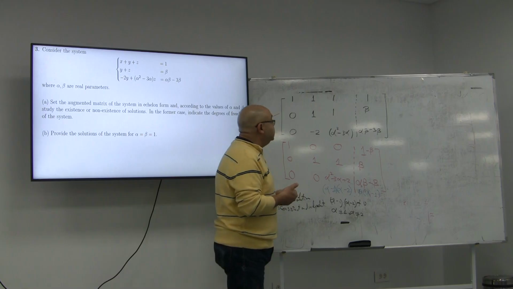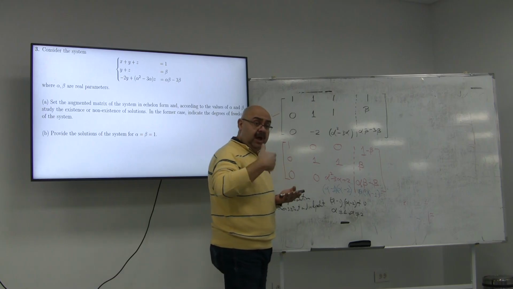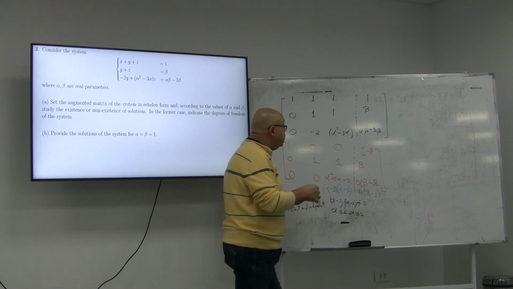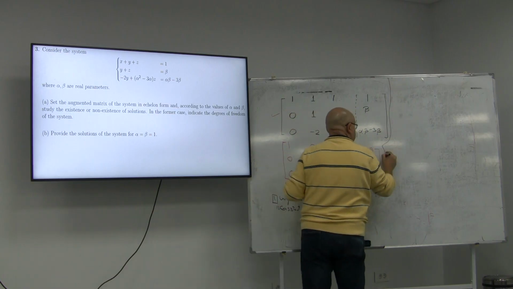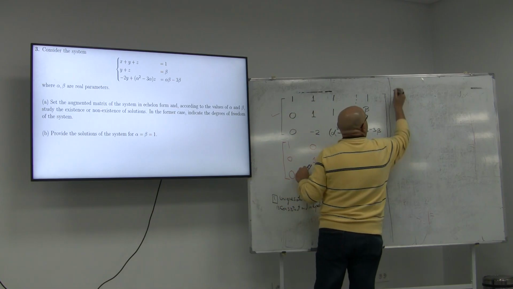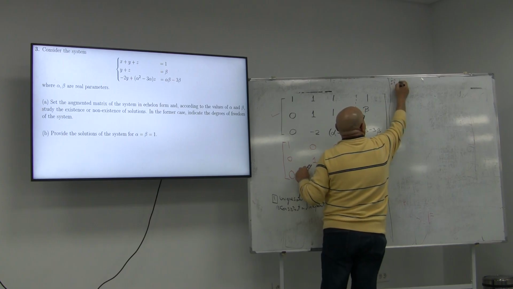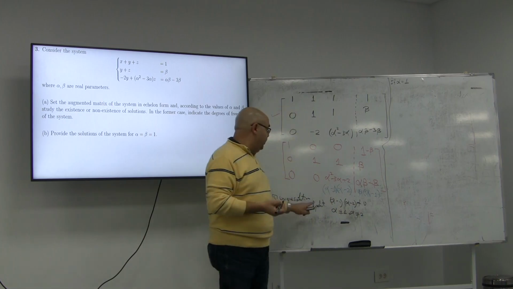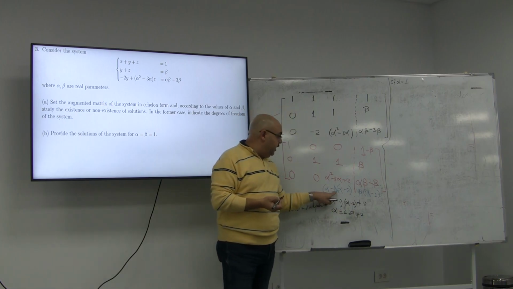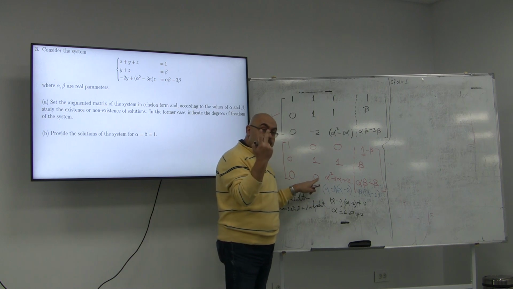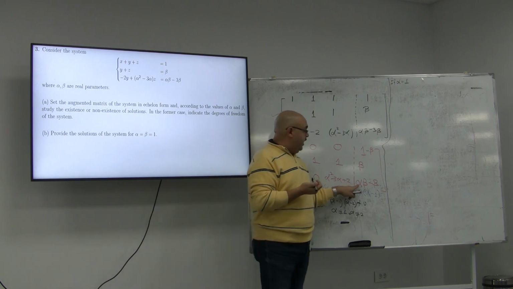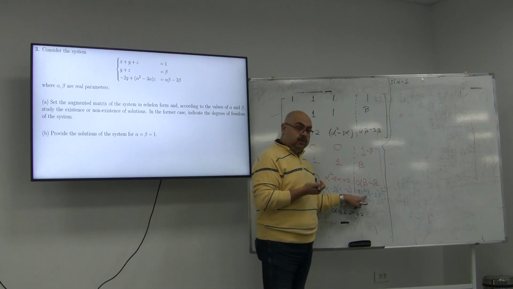طيب لو هنستخدم الكيسز لو حصل ان في value من دول. Okay. If alpha equals positive 1, this is going to equal 0. So the rank will be 2. Okay. And if alpha equals positive 1, this also will equal 0.